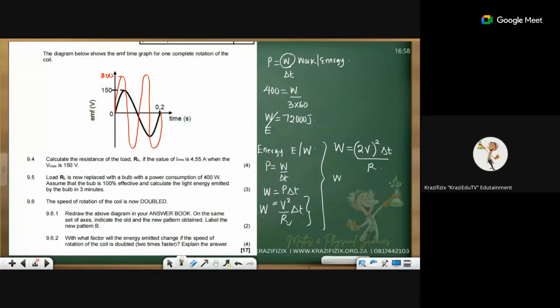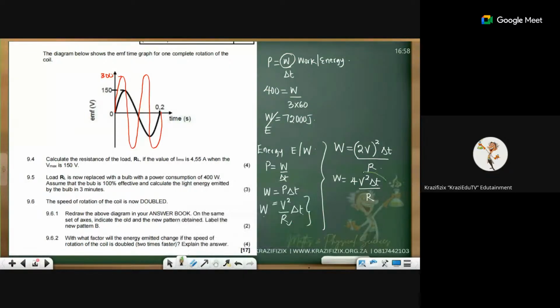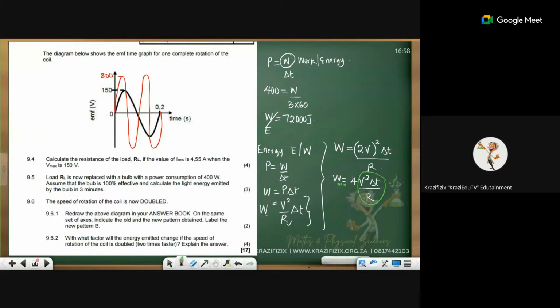So what would that be? 4V squared delta T over R. What do you notice here? That's the old W. So W new is 4W old. By what factor? By a factor of 4.